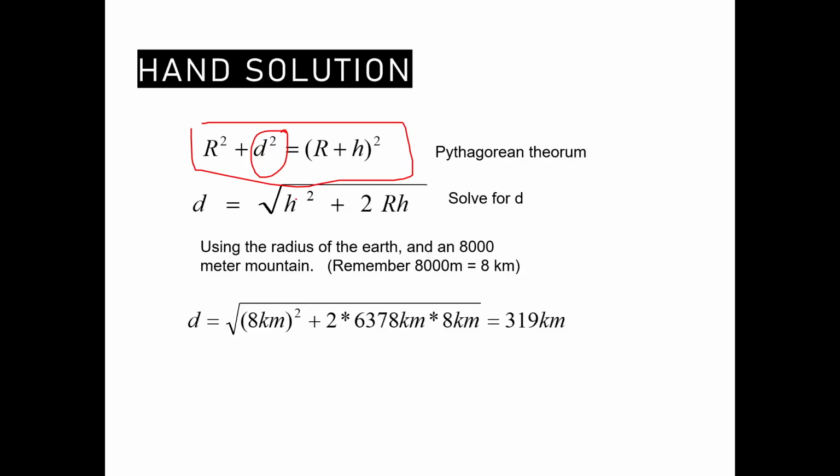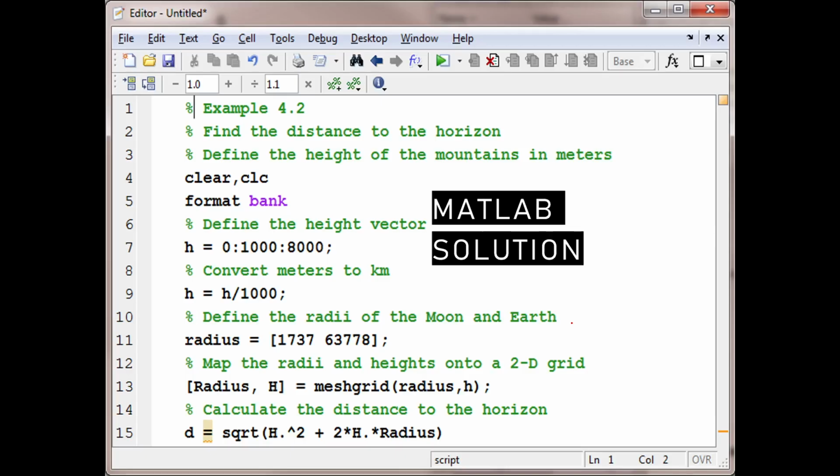And then by using the radius of the earth and 8000 meter mountain, okay, remember that 8000 meter equal to 8 kilometer. So just plug in the value into this equation, and then you will get the distance as 319 kilometer. Now after only you have get the solution, then you can type this solution in the editor file.